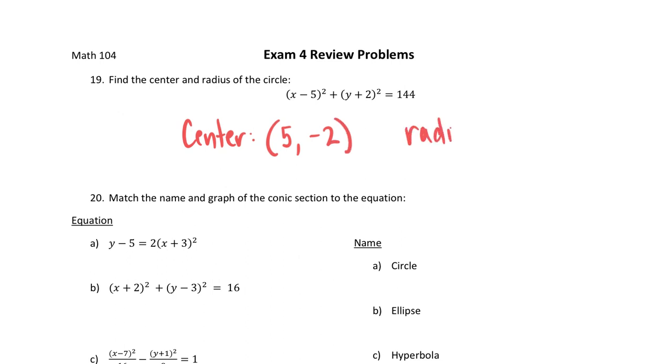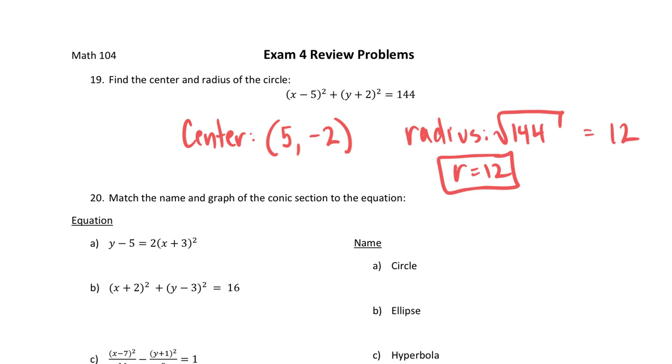The radius, we just square root the right side, so our radius is 12. There we go. So that is all we're going to need to do for the circle or for the conic sections, other than matching the equation to the name and the graph.